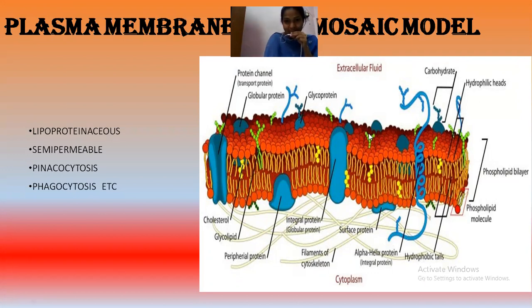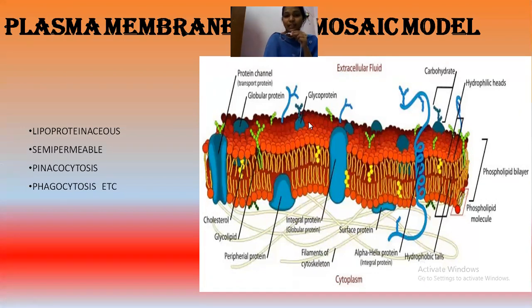And if you see the structure of fluid mosaic model of plasma membrane, these bilayered lipid molecules are present in the center. And these blue colored ones are called proteins. These proteins are randomly arranged in the mosaic pattern in the sea of lipids.